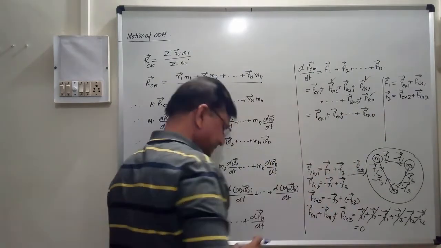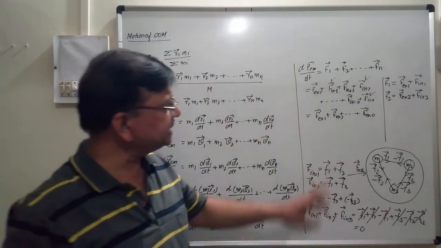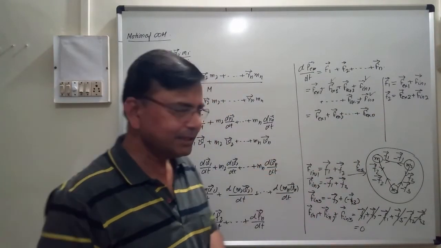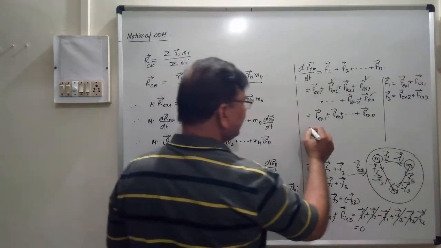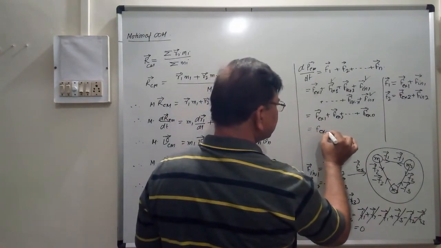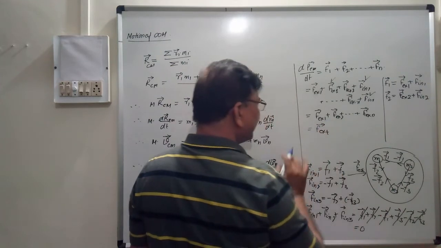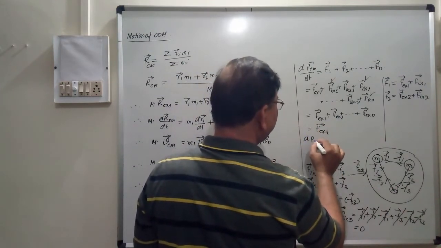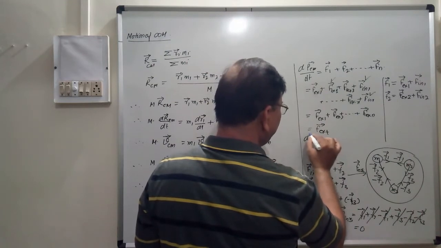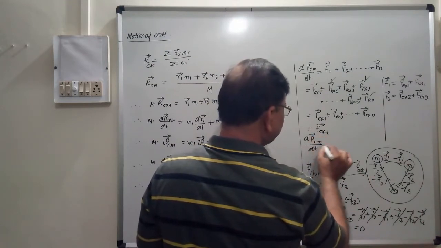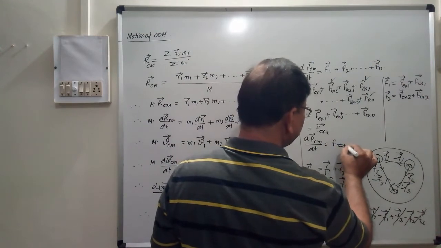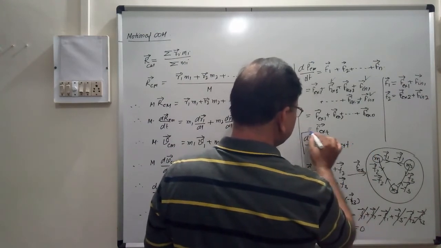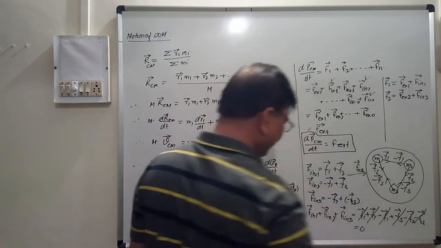All these external forces will be distributed on all these masses, so the sum of these will be nothing but F external. So the net F external force is equal to the rate of change of momentum of the center of mass, right? That is equal to F external. So this is a very important relation.